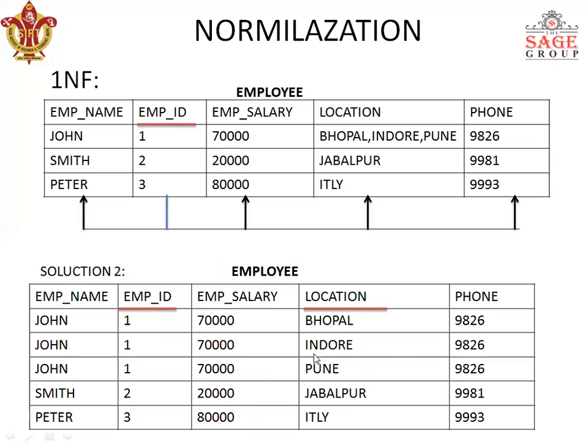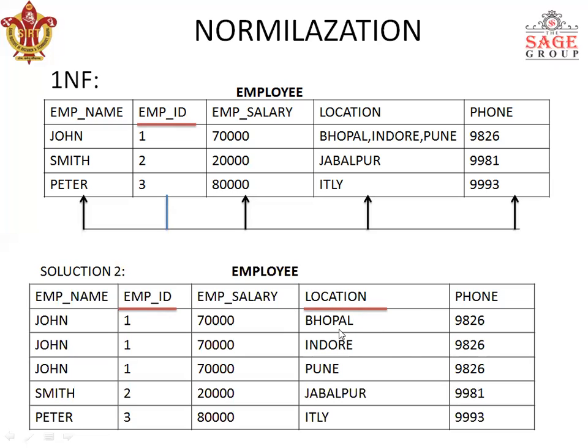There is another solution to convert this unnormalized table into the first normal form. Taking solution number 2, we have broken down Bhopal, Indore, and Pune into 3 rows, because as per the property of first normal form, the value should be atomic. So this value will now be atomic.